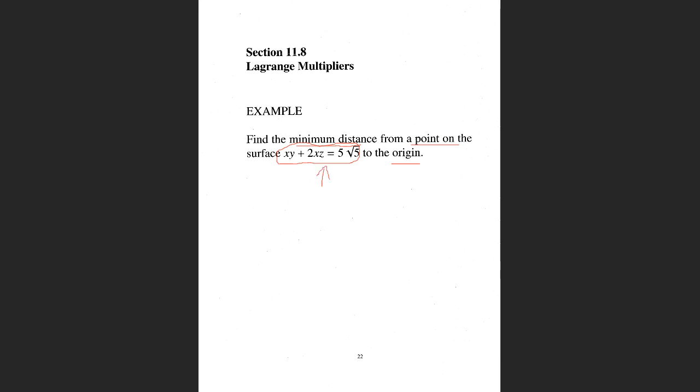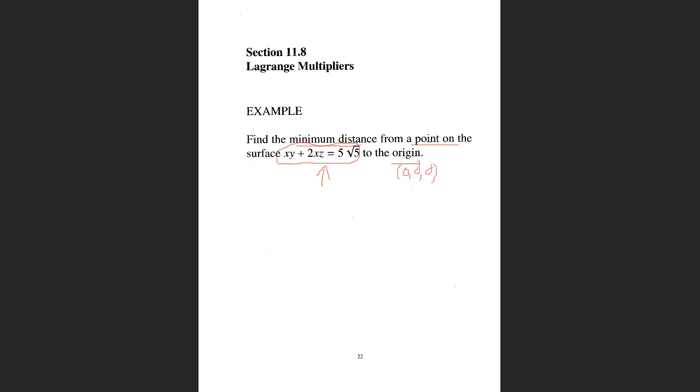Is it possible there could be multiple points that might have a minimum distance? Multiple points on the surface, that's right, Ryan. Sometimes these surfaces kind of double back on each other, very interesting. But the procedure's the same. And keep in mind, the origin has the coordinates 0, 0, and 0.